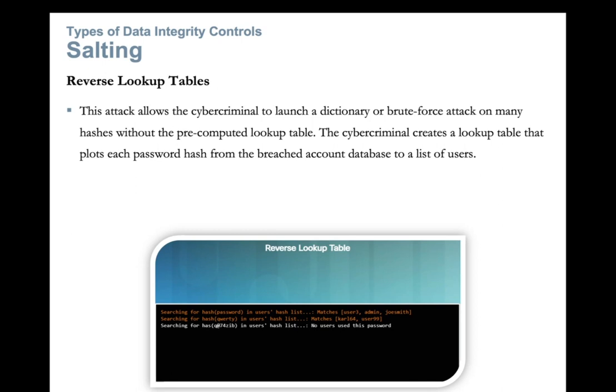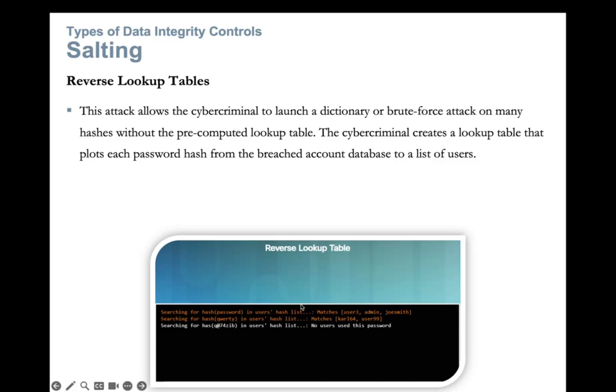The criminals create a lookup table by themselves that maps each password hash from the breached account database to a list of users. The cyber criminal hashes each password guess and uses that lookup table to get a list of users whose passwords match the cyber criminal's guesses.